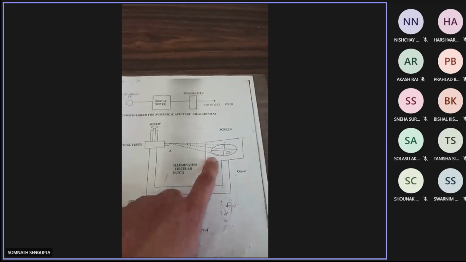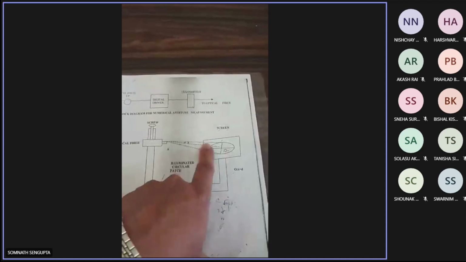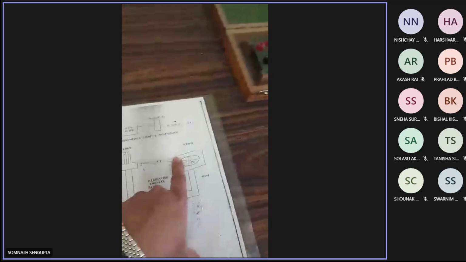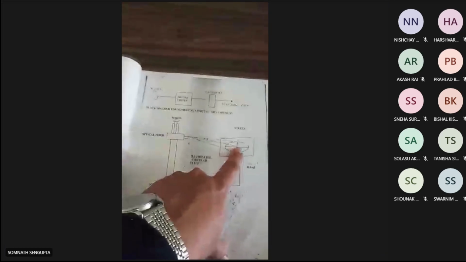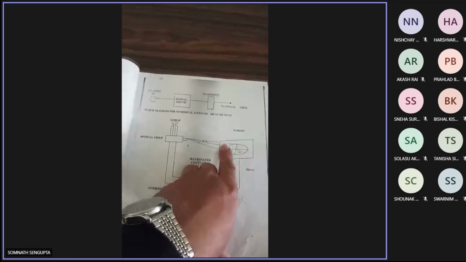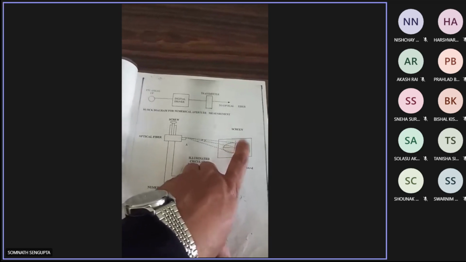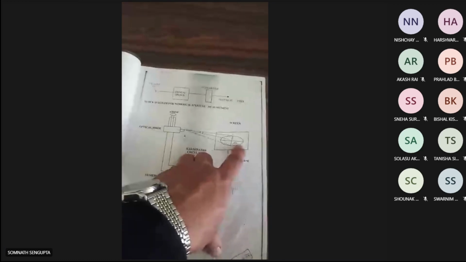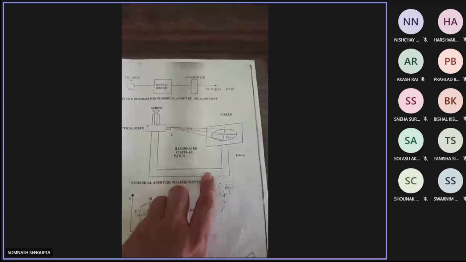That light will be projected on a graph paper. So that will make one circle. You have to measure the diameter of the circle. This concept is given in the manual. You have to study that.